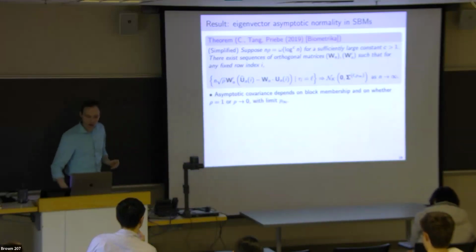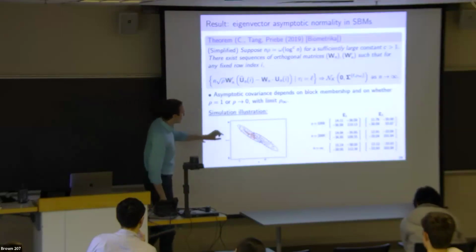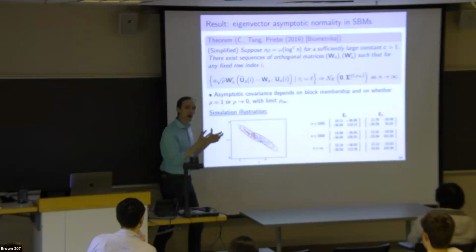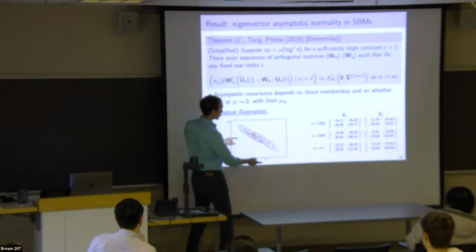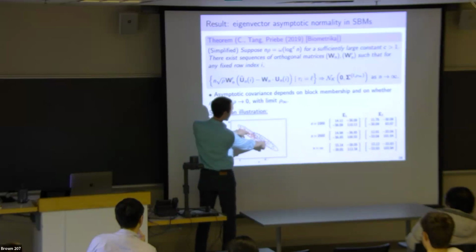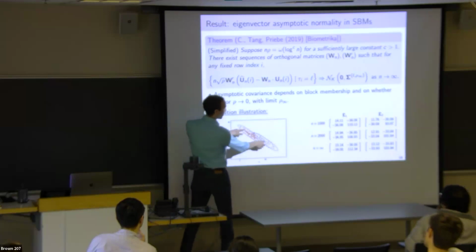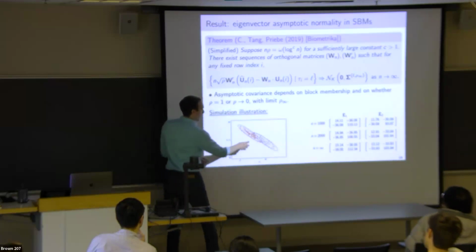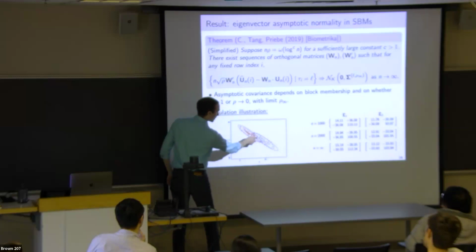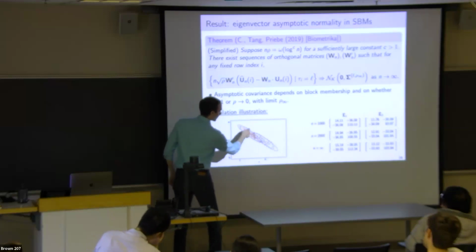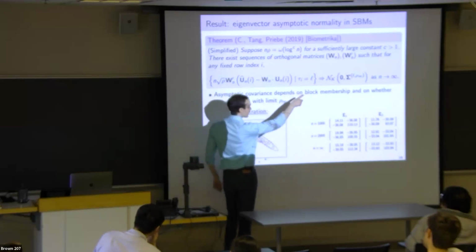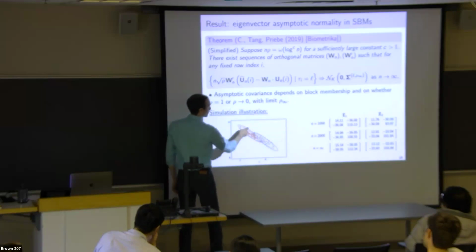So just to see a quick little simulation, this is an embedding for a 2-block stochastic block model. The true centroids are located roughly here. I've colored the vectors based on the true membership. I'm showing both population level contours for this theorem, as well as just the empirical 95% contours here.